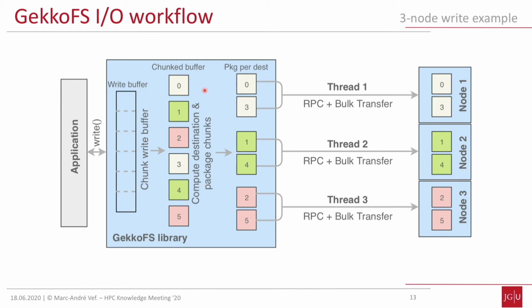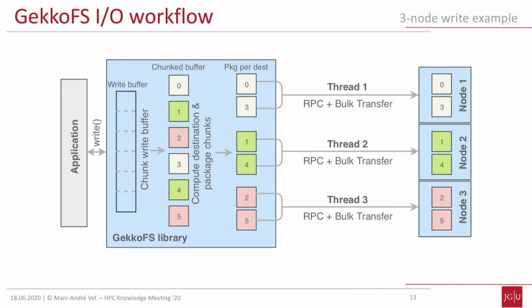So we're doing that by simply using the file path and the chunk ID, hash that, and then determine to which node it would go. And in this case, chunk 0 and 3 would go to the same node. So it packages these two chunks together, sends an RPC to the daemon of node 1, which will then transfer the data to itself and then write it down to the node local file system.